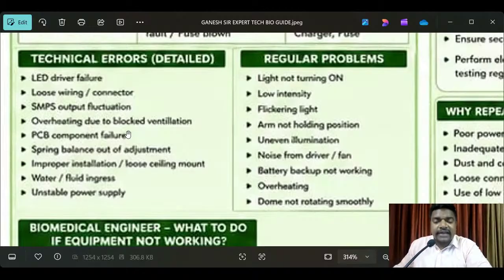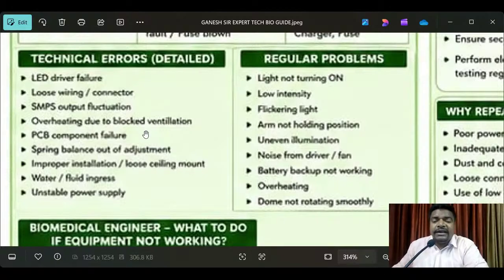Sometimes seniors are available in your hospital, but the senior engineer is also busy. At that time you should be capable. My intention was that even a junior engineer should have the capability to repair the equipment. That is my good, positive mind.